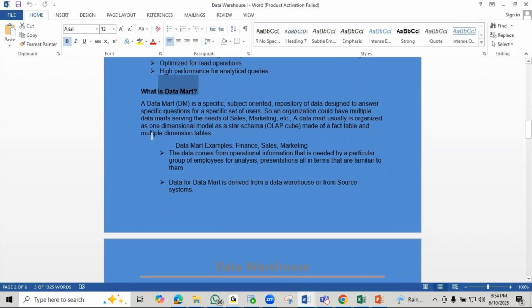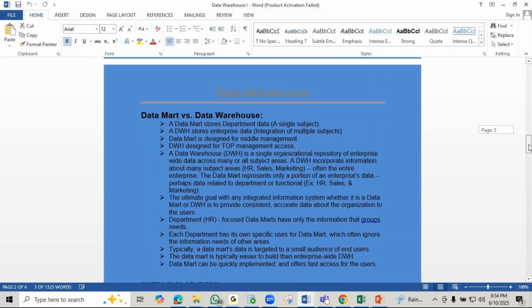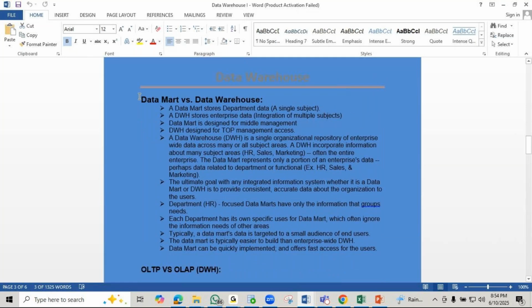Now next, we are going to see the topic data mart versus data warehouse. Just now we have discussed data mart, and yesterday we discussed data warehouse. So now you have to tell me what is the difference between data mart and data warehouse.